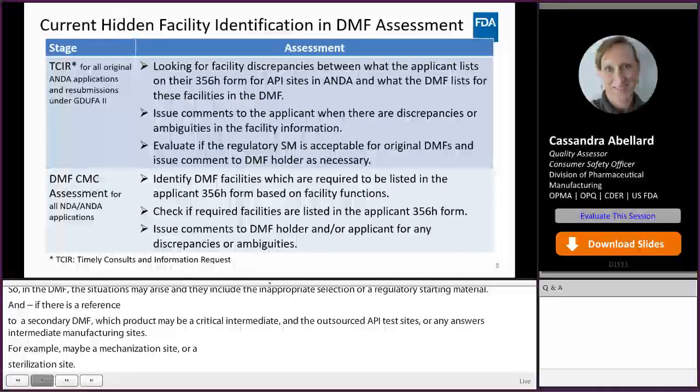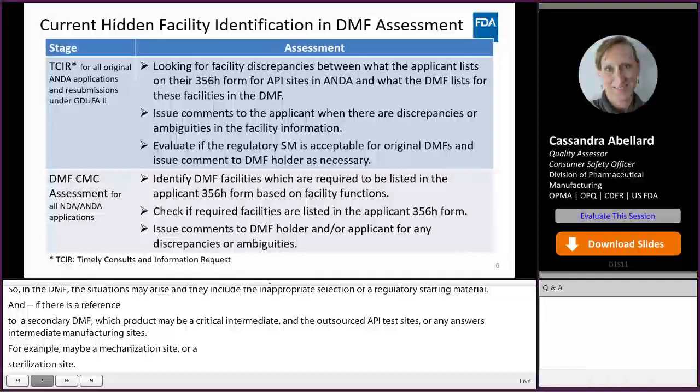To give you a brief overview of the current hidden facility identification process performed during the DMF assessment, there's two stages. The first is the TCIR. TCIR stands for Timely Consults and Information Requests.